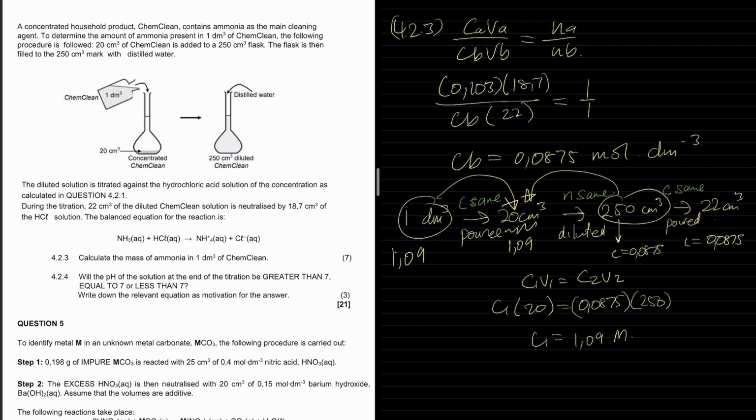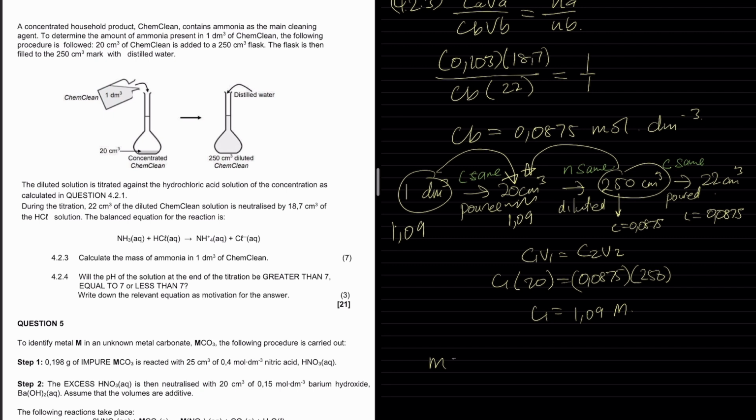So now that we have the concentration in the original Chemclean, we can work out the mass. Mass is equal to concentration times molar mass times volume. Concentration is 1.09. The molar mass of ammonia, which is what Chemclean contains, is 14 plus 3, which is 17, times the volume, which is 1.